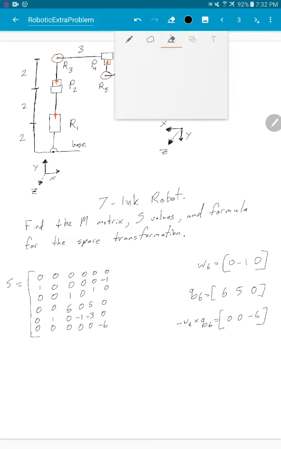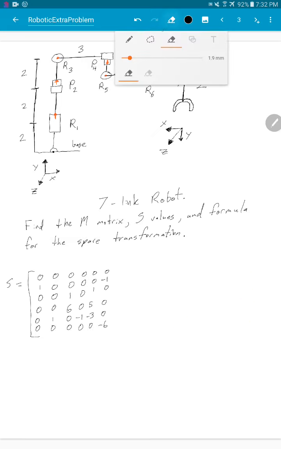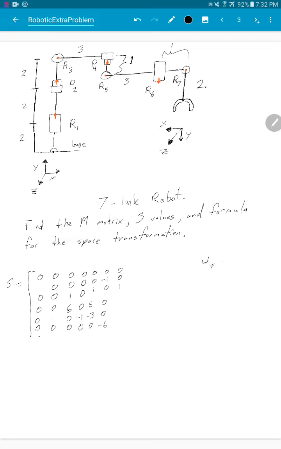Okay, and finally on to the last joint. So this is also revolute. It's in the positive z direction, so it's going to be 0, 0, 1. Okay, so in the x direction, it is 7, and in the y direction, it's 5.